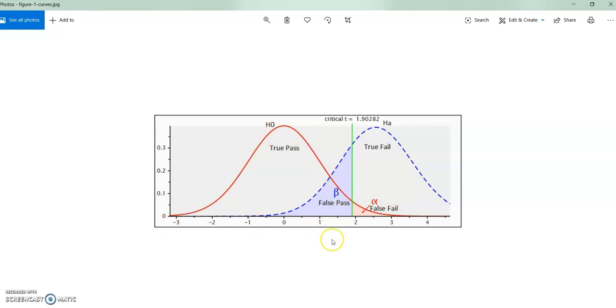Now, suppose I got a really tiny p-value out here that was 2.5 standard deviations above the mean. Suppose that I had a p-value small enough that I rejected the null hypothesis and accepted the alternative hypothesis.